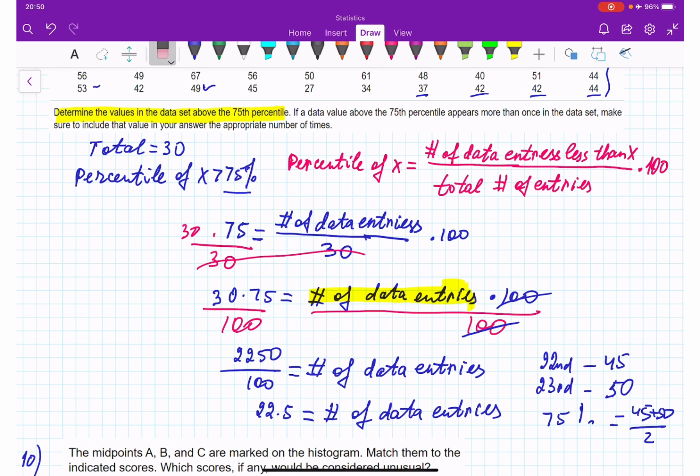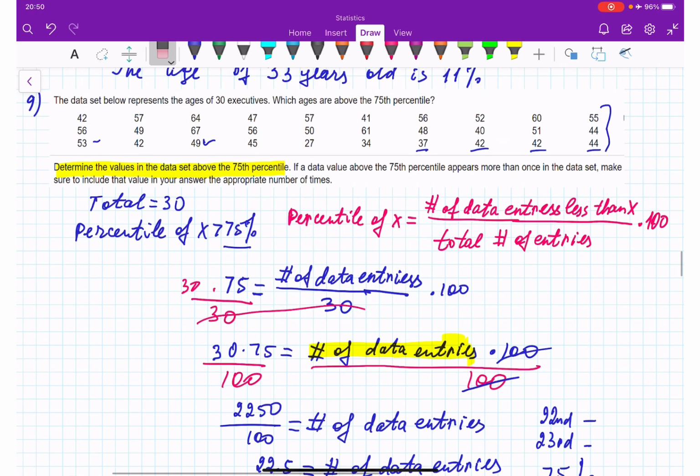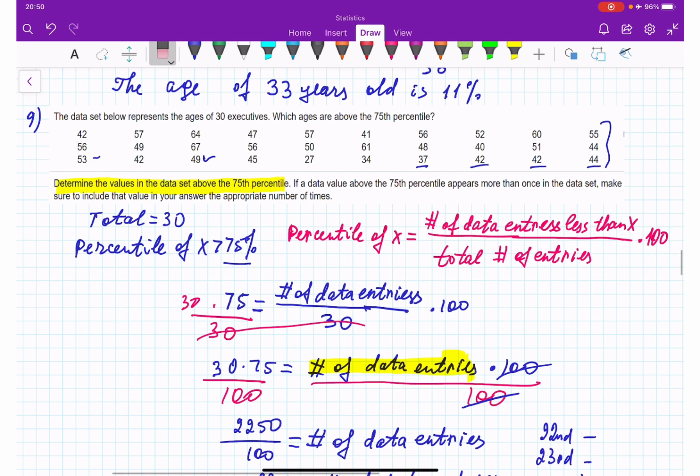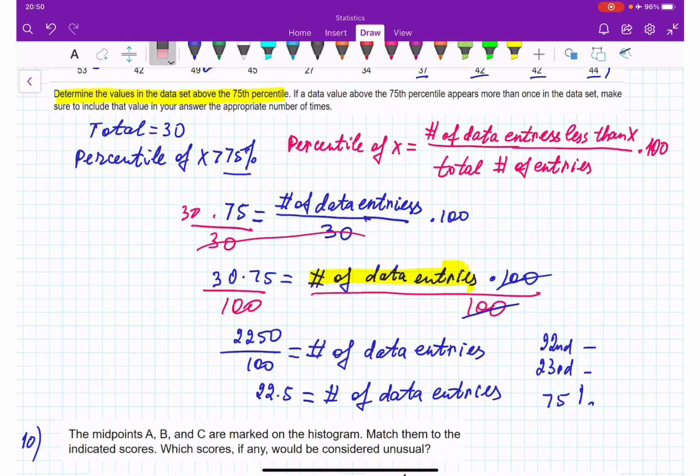Now, don't take these numbers literally, because I don't know what values are in the 22nd and 23rd positions; I can't take them right now because the data is not ordered. You have to put it in ascending order and then take the positions, because we got 22.5. And that will be your 75th percentile. Okay? We good?